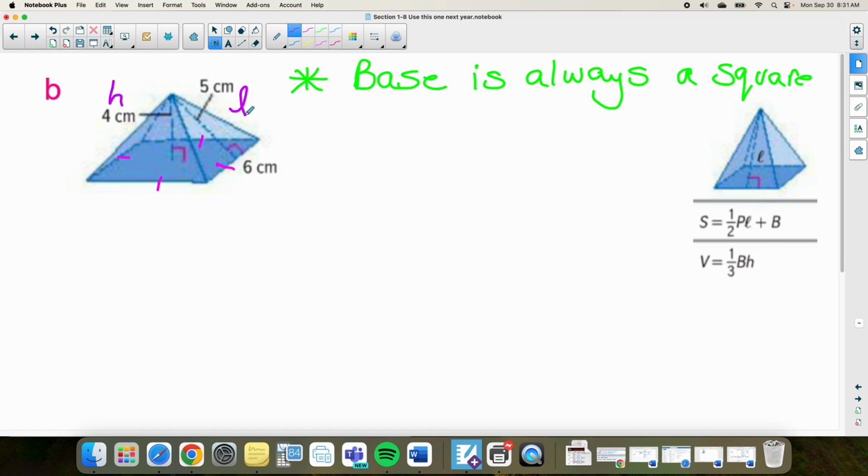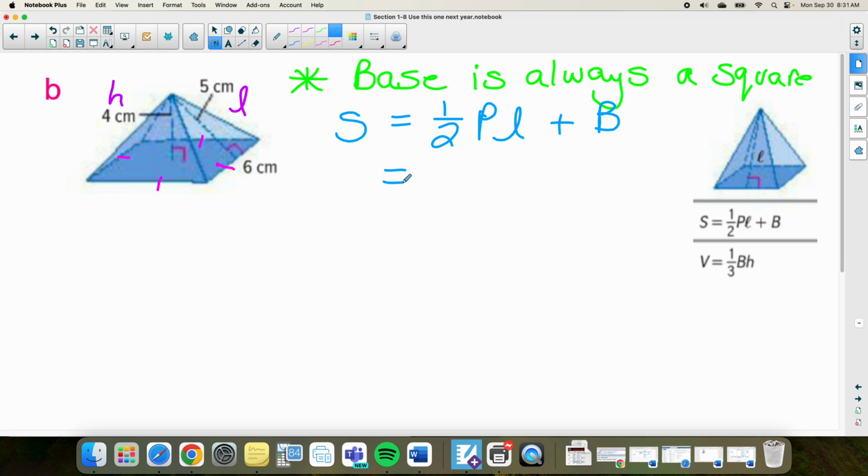right? Now, what I'm gonna do is put up my formula for this, and it is 1/2 perimeter times my slant height plus capital B, which is area of the base, okay? So here is what we are going to do.